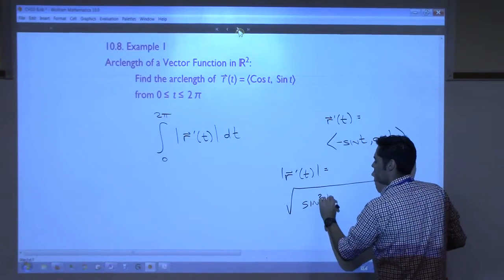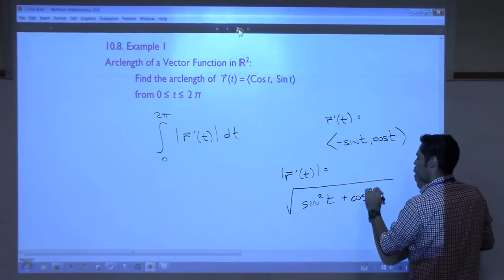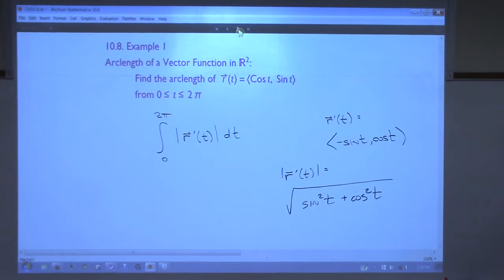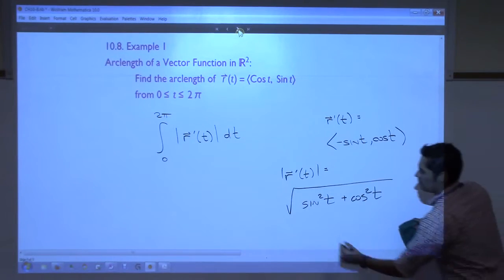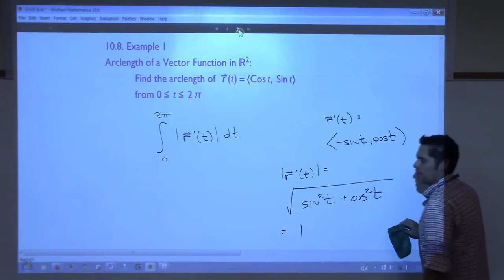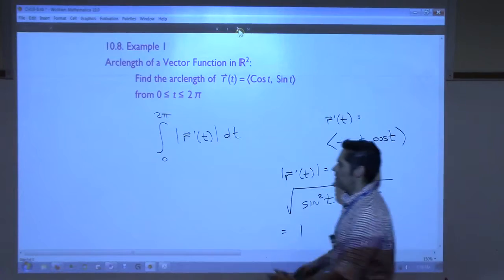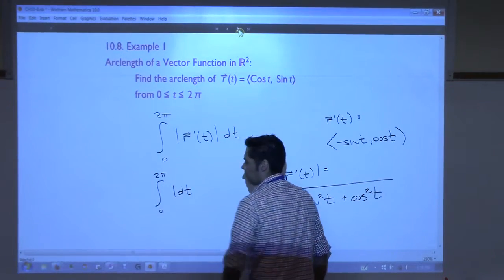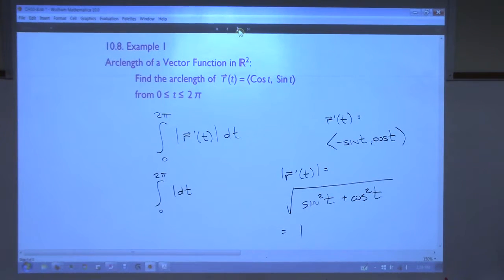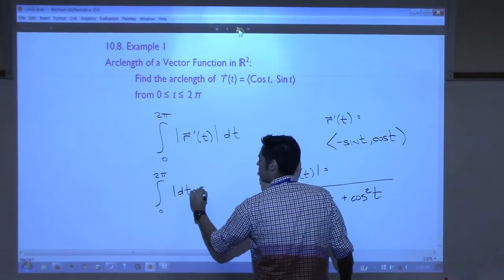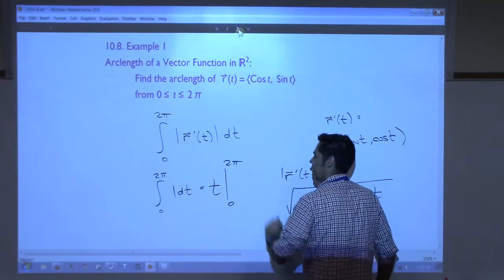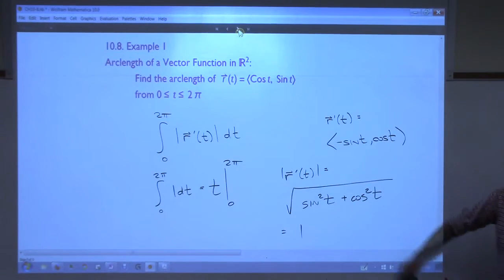Sine squared t plus cosine squared t. Ooh, I like that, because that's 1, isn't it? Nice. So I'm just integrating 1 dt. What's the antiderivative of 1? t. So this is just t evaluated from 0 to 2 pi, which is 2 pi.